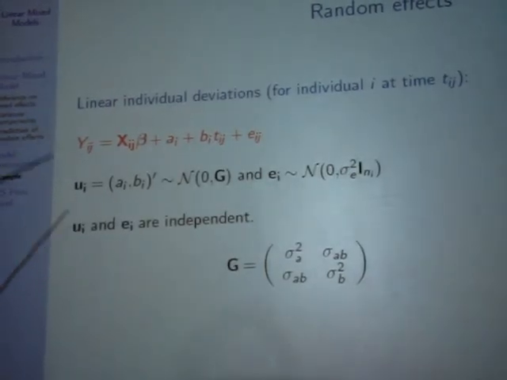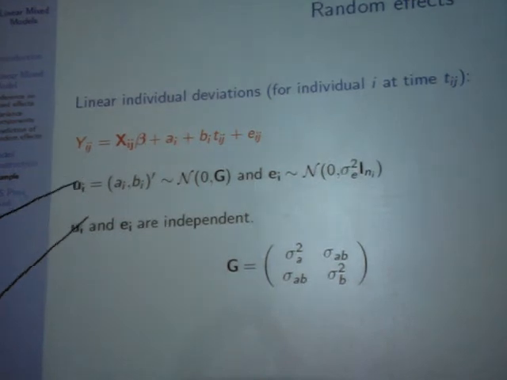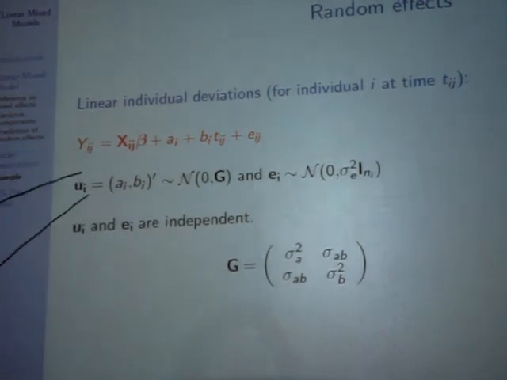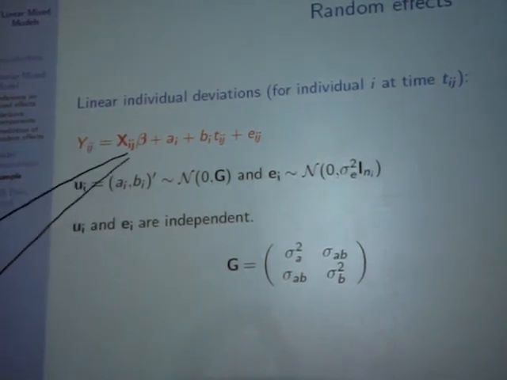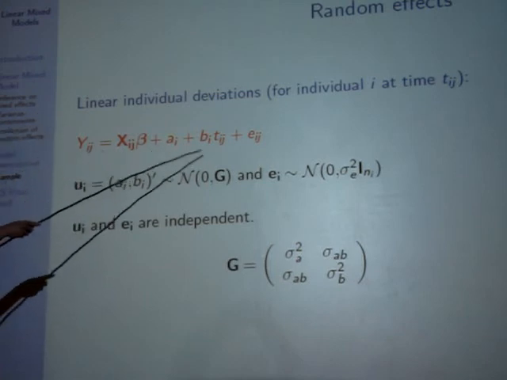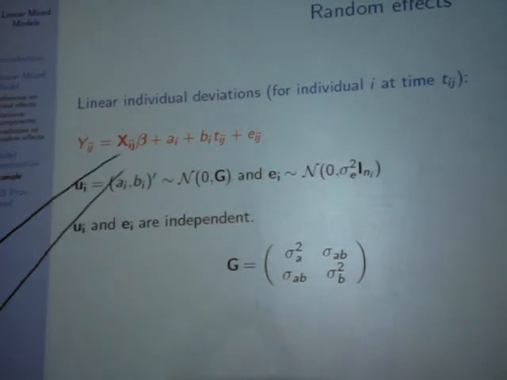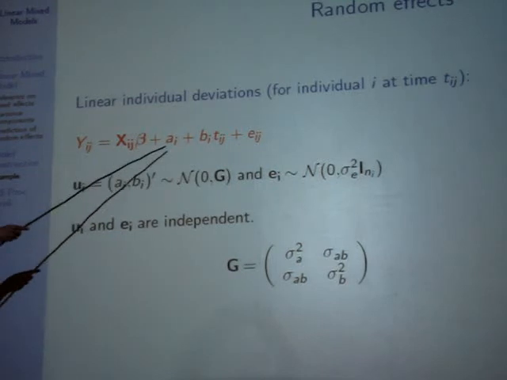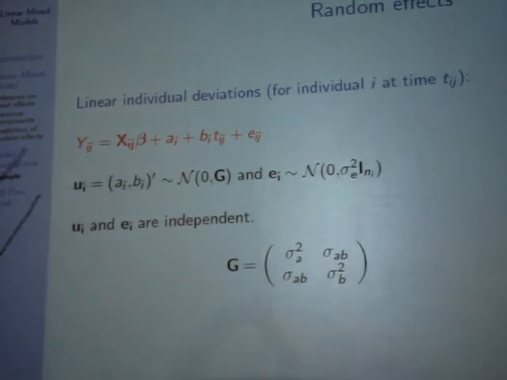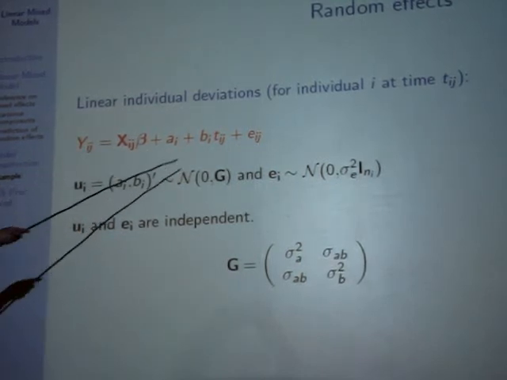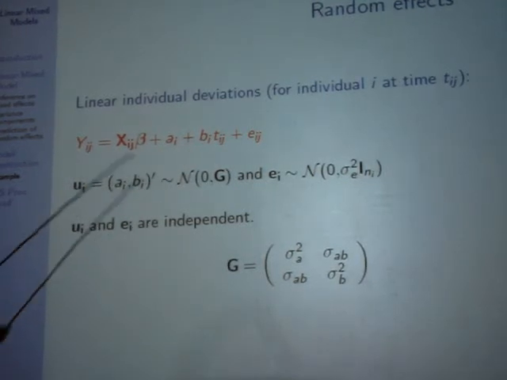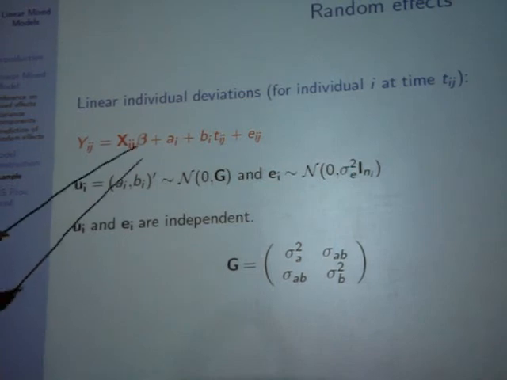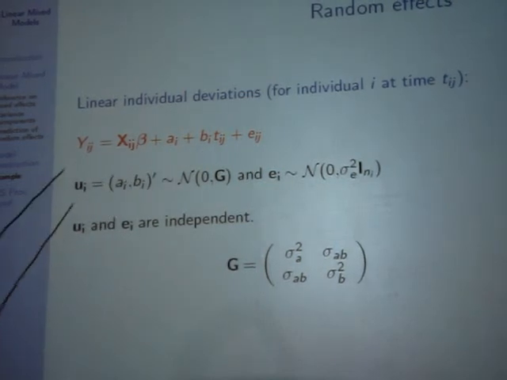So here is how you can write the linear random regression model. You have here the fixed effect, x_ij beta, that we have chosen before. And now the linear random effect, a_i plus b_i times t_ij, which means that you will predict for each individual i one random intercept, a_i, and here is the slope, b_i. So for each individual, you will have one linear curve with parameters a_i and b_i.